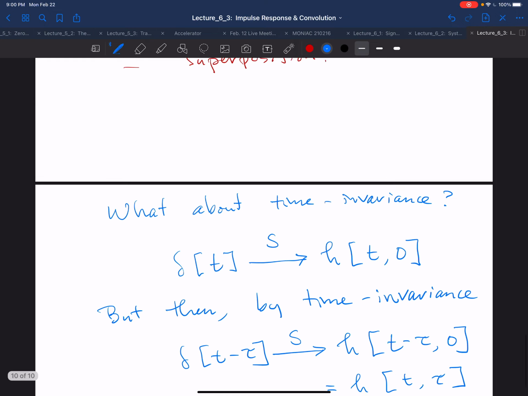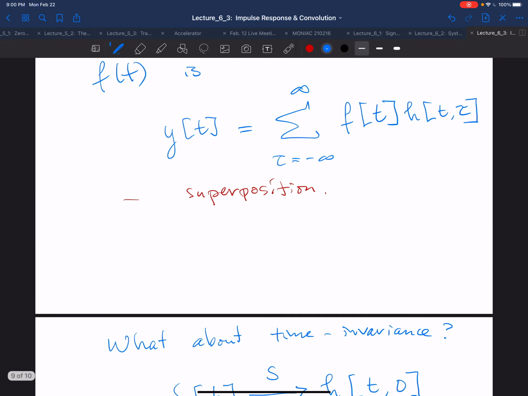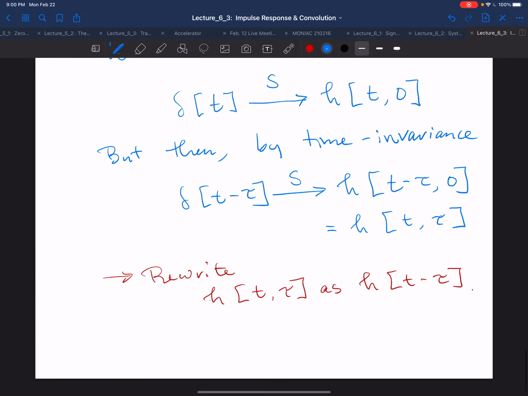Then we can rewrite our expression for y of t in terms of f and h of t, tau.